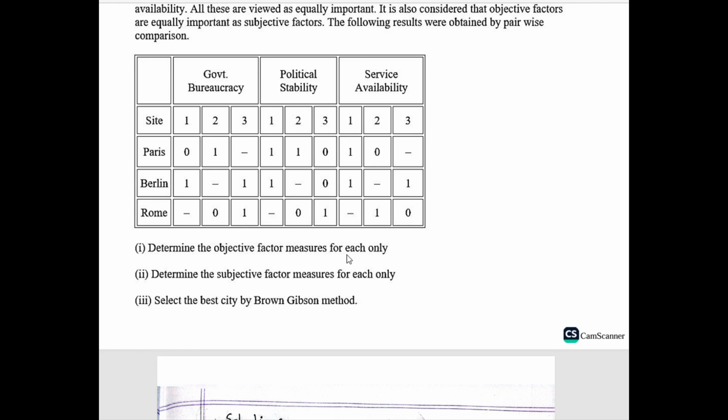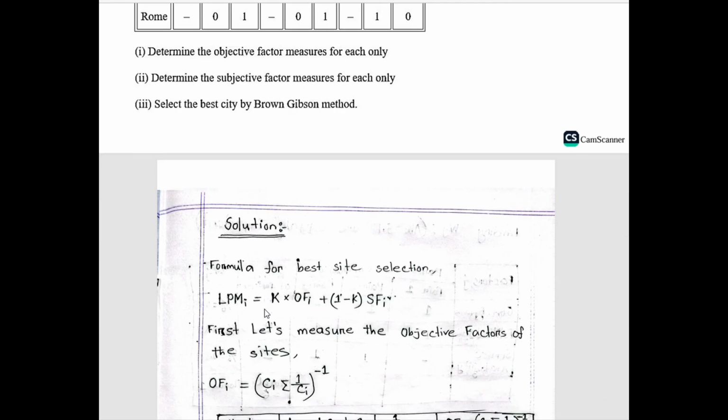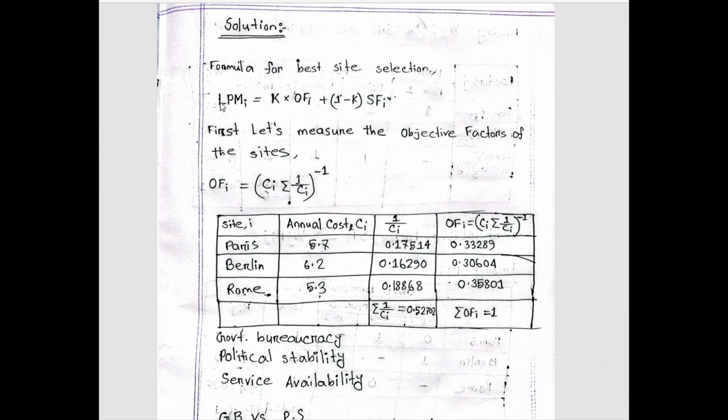Now we have to calculate the objective factors and subjective factors and select the best city by the Brown-Gibson method. If we look at the formula, the location preference measure given by Brown-Gibson is equal to k times objective factor plus 1 minus k times subjective factor. We'll see what objective and subjective factors are now, but k is a constant that is given in the question.